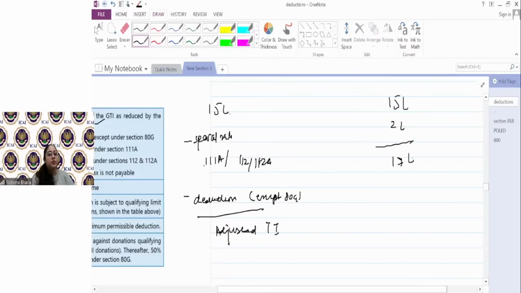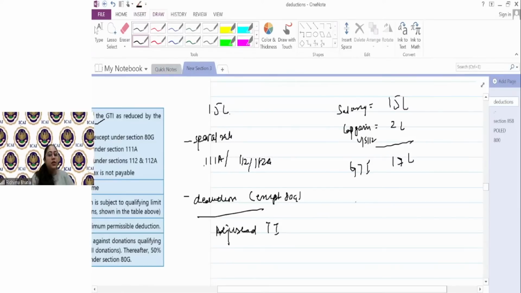His gross total income comes to 17 lakhs.